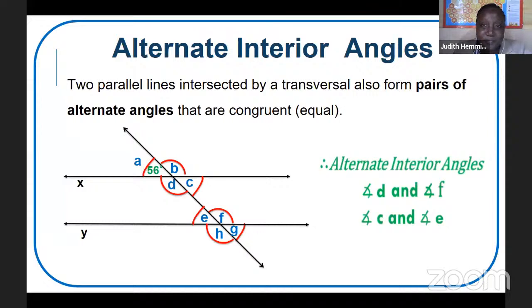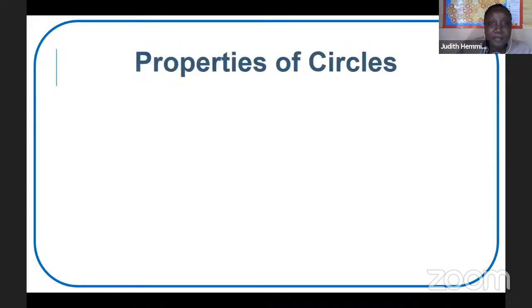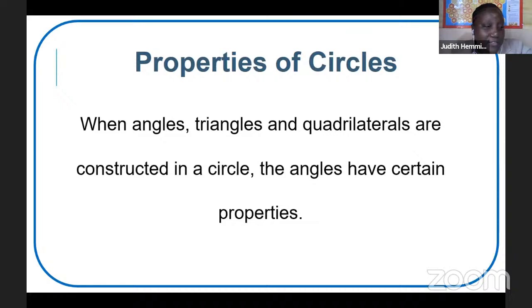Good job. So our alternate angles here are D and F and C and E. Now, on Facebook, sorry, not on YouTube, Sabrina said C and E, and she's correct. All right, great.